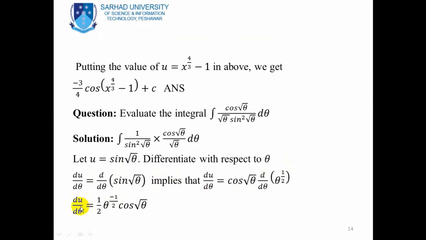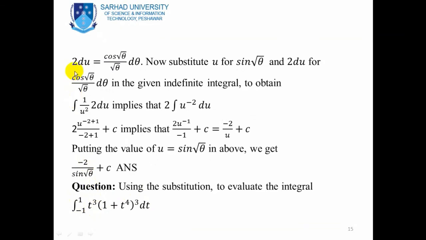We obtain du by d theta is equal to 1 over 2 theta power minus 1 over 2 cos root theta. Now by cross multiplication we obtain 2 du is equal to cos root theta divided by root theta into d theta.